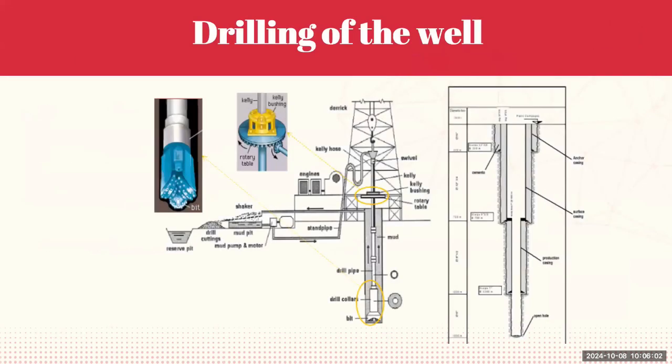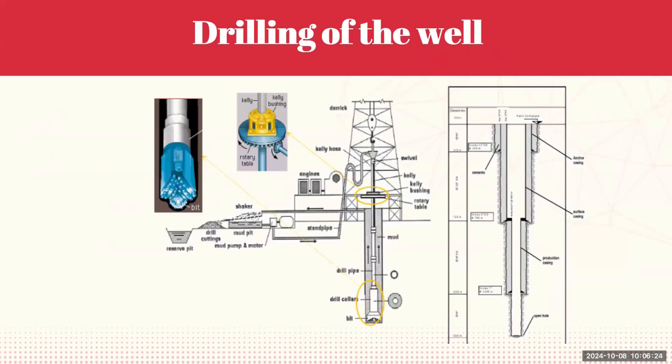To harness the geothermal energy, the first step is the drilling of wells into the Earth's surface. This diagram here illustrates a geothermal drilling process, which is similar to oil and gas drilling if you're familiar with that. A rotary drill bit is used to penetrate deep into the ground, reaching geothermal reservoirs that contain hot water or steam.